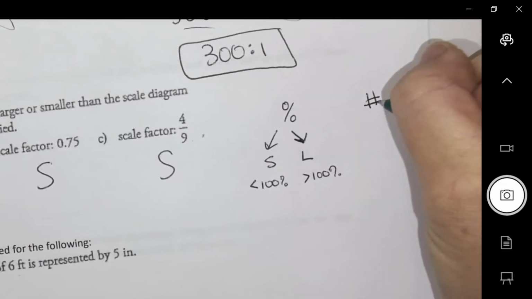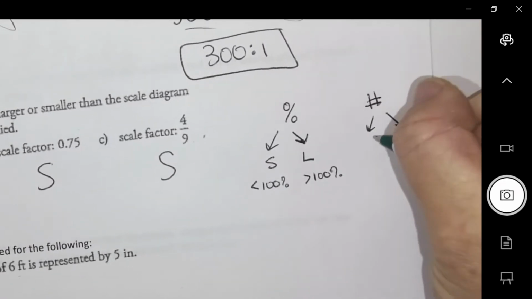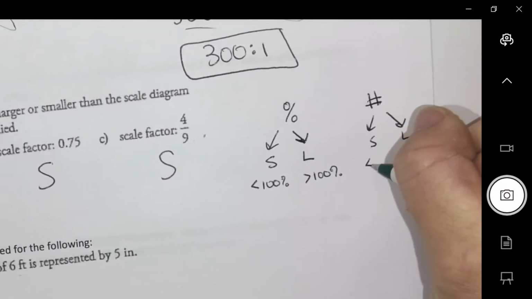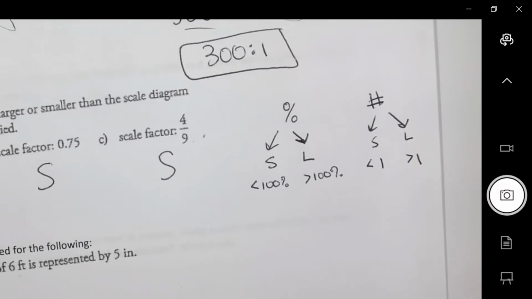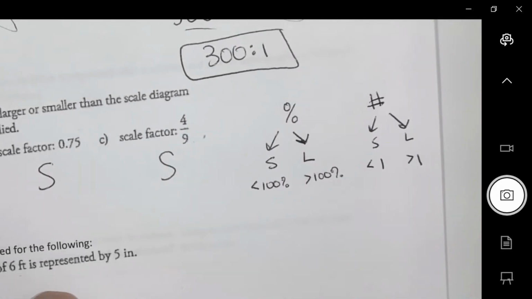And if you're just looking at numbers, then you're asking yourself, is it bigger or smaller than 1? Because 100% as a number is 1. Okay, so like this one would be timesing something by 1.12, which is larger than 1, which is increasing something.